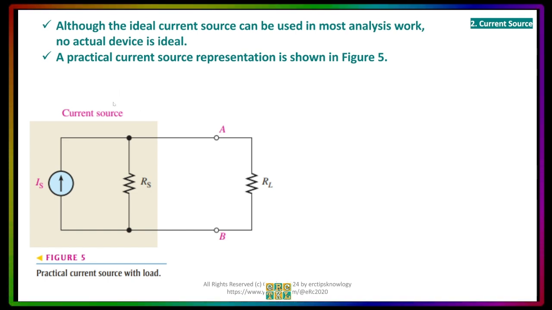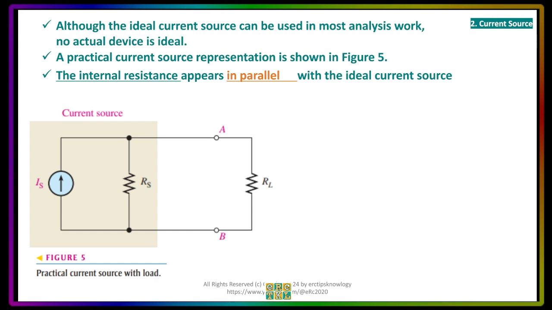Therefore, the most possible is that we will have a practical current source, just like what you see here. Now, what will happen here is that there's an internal resistance that appears in parallel within the current source of the practical current source, and the ideal current source without the parallel RS will now have a parallel RS.